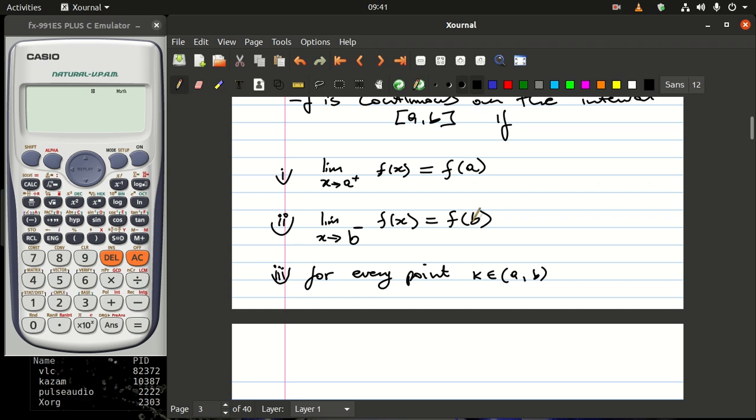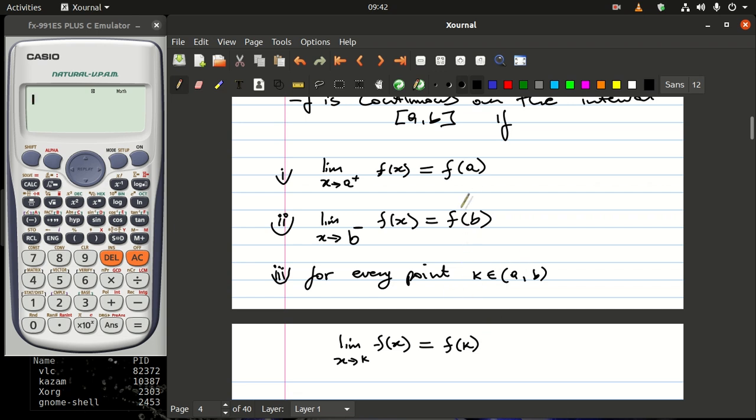Now I want us to talk about everything in between these two points. Every time I pick a point in between, the limit as x approaches k from both sides of f of x is the same as f of k.